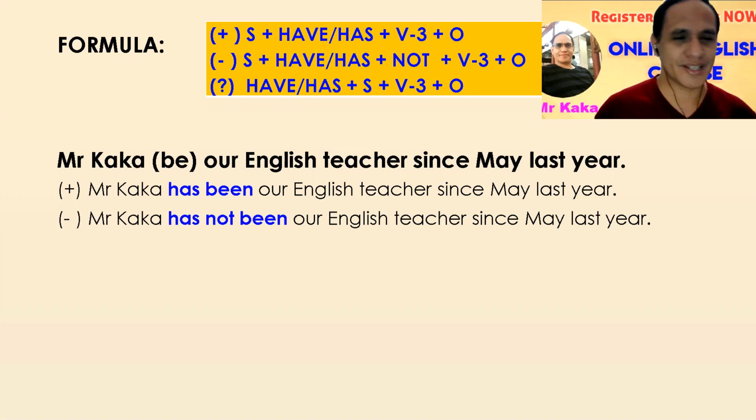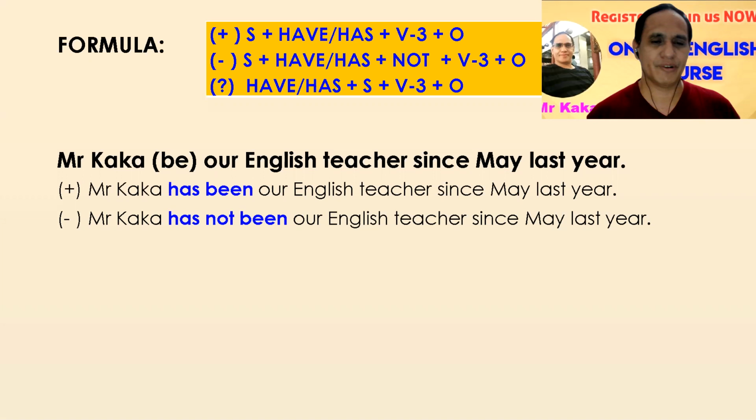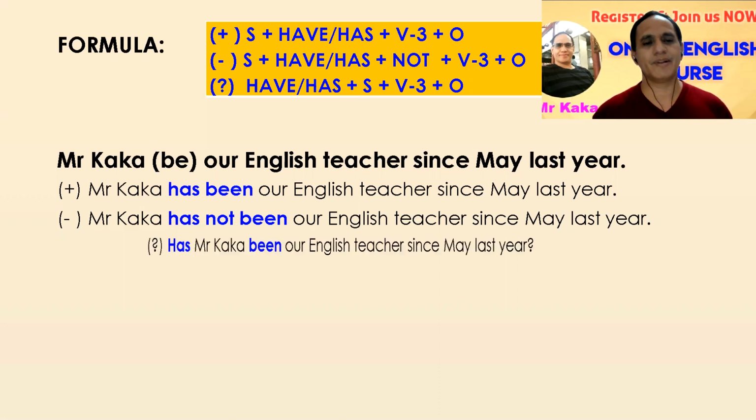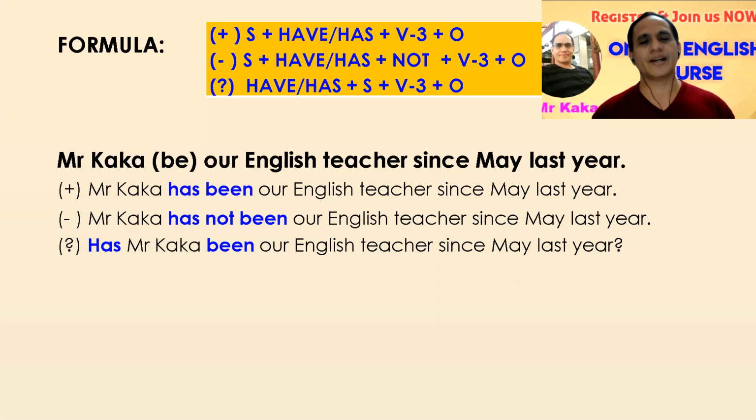Okay, if you want to change the sentence into the negative form of simple present perfect tense, it will be, Mr. Kaka has not been our English teacher since May last year, right? Okay, and then if you want to change the sentence into the interrogative form of simple present perfect tense, it will be, has Mr. Kaka been our English teacher since May last year, right?